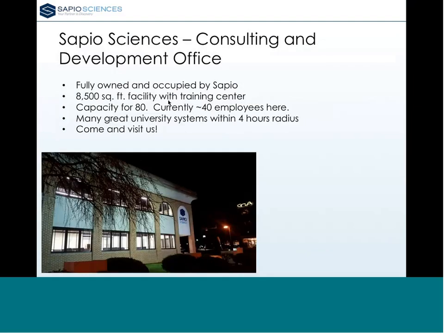Over the last several years, thanks to our customers, we've experienced extremely rapid growth, so we needed a larger facility to house our development and consulting staff. We acquired real estate just north of Baltimore, about an hour up in Pennsylvania, and we fully own this facility. It's really a product of the success of Sapio and Exemplar.